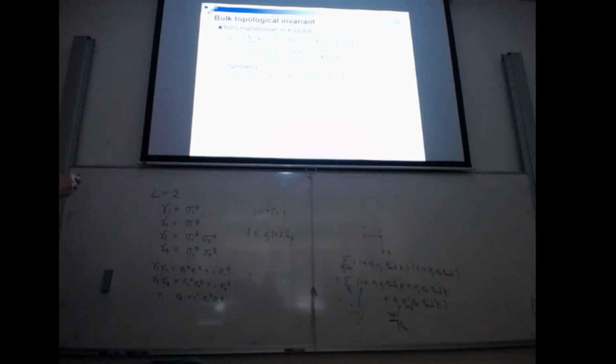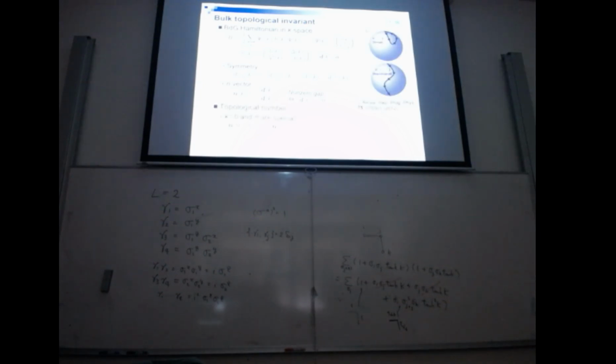And this is the symmetry of this 2 by 2 Hamiltonian. And then let me introduce the n vector, which is a normalized version of this d of k. And you have a non-zero gap in this system when this d vector is non-zero.